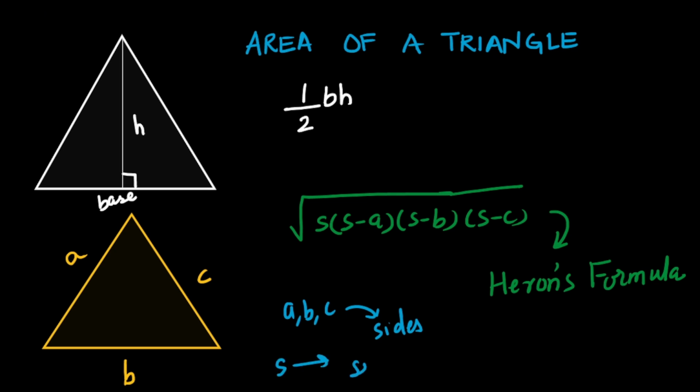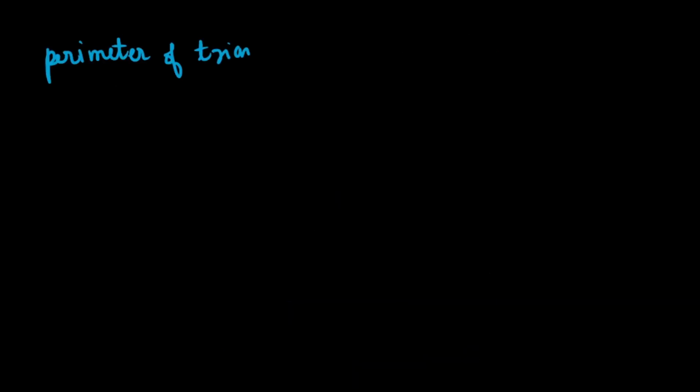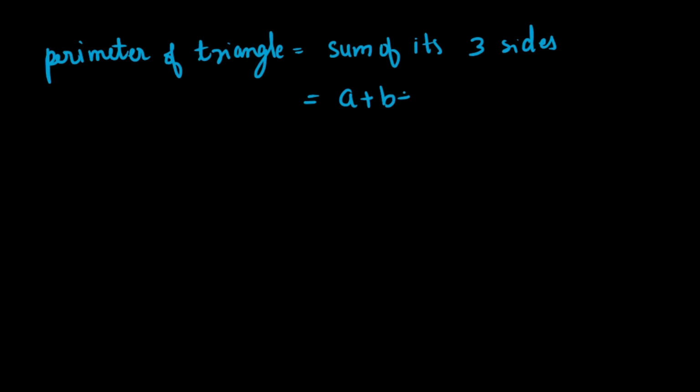S is the semi perimeter of the triangle. What is semi perimeter? You know that the perimeter of a triangle is the sum of its three sides, that is A plus B plus C.